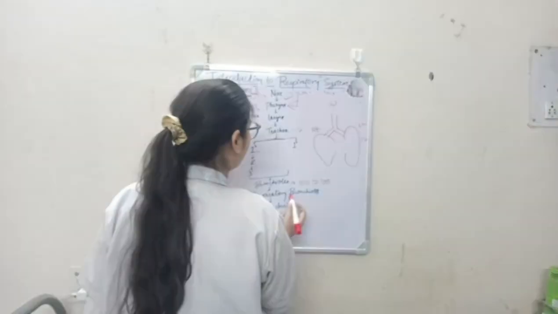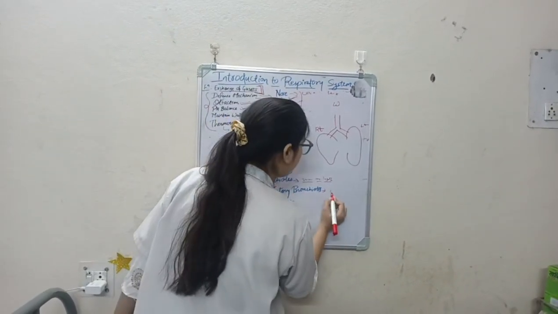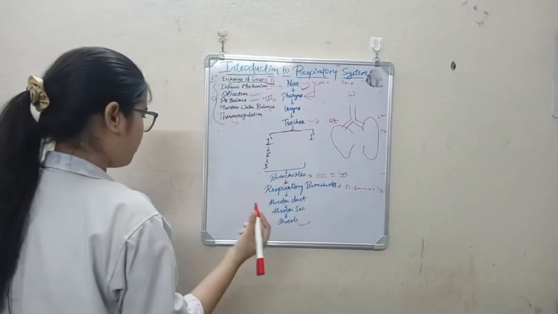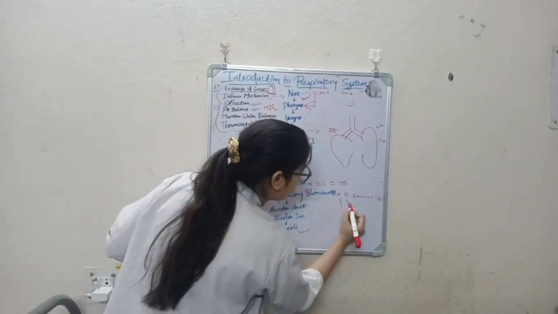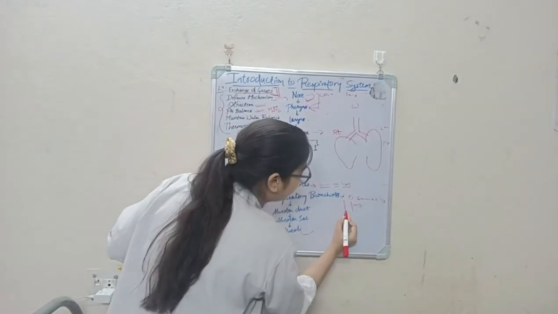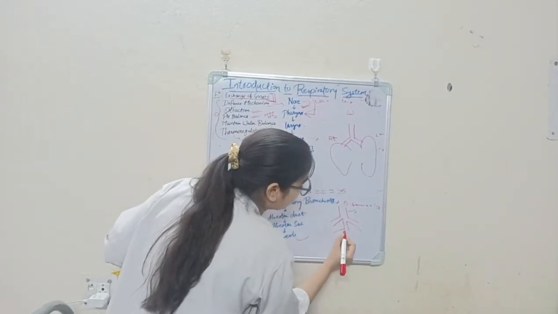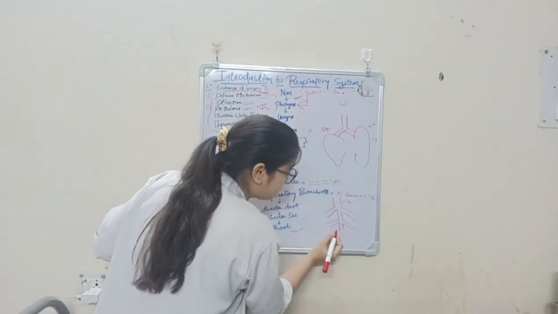Then again we'll go to the respiratory bronchioles, and it is having a diameter of 0.5 mm or less. So again there will be the alveolar duct. First there will be the respiratory bronchioles of 0.5 mm, and then from the respiratory bronchioles there will be the alveolar duct which will come like this.